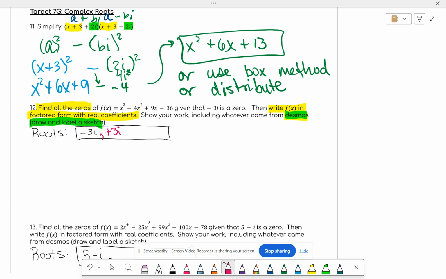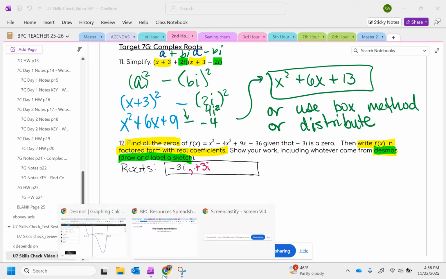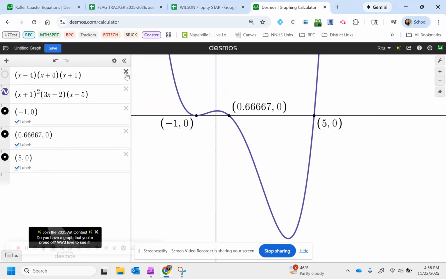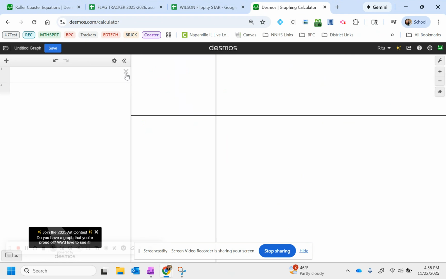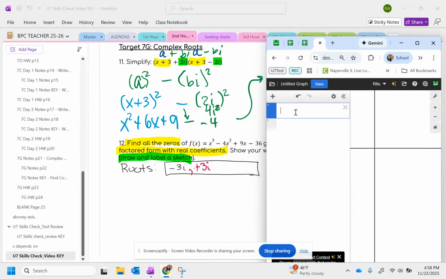And then if I want to go to Desmos and graph this, I will just type this in: x to the third minus 4x squared plus 9x minus 36.